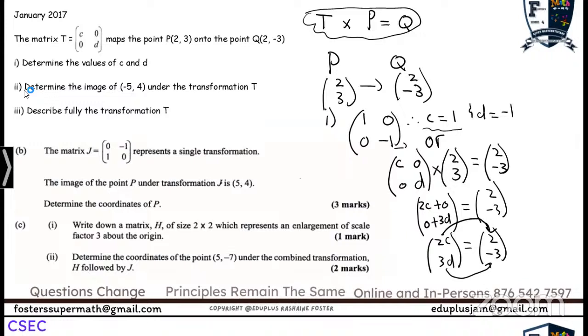So let's give you a minute or two to see if you can get the answer for the first one. If you're able to get that answer before I work it out, put that answer in the chat. Determine the coordinates of P. You're doing a transformation. It's not a translation, so you have to use the same formula there. Matrix times pre-image equals image.